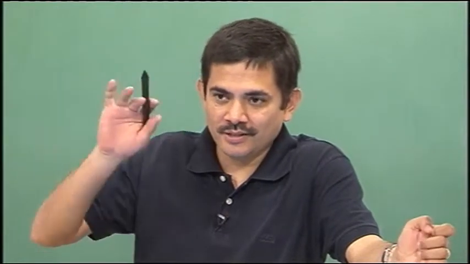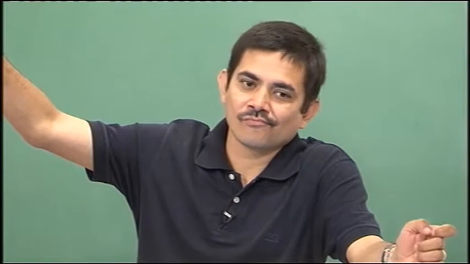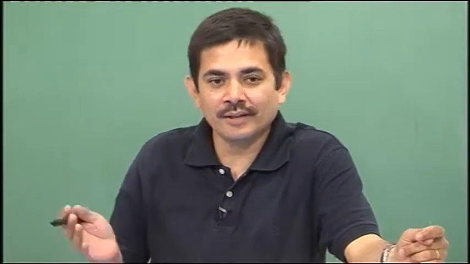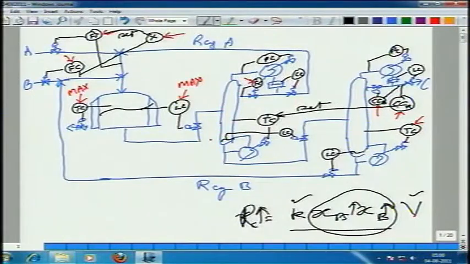Whatever C is generated, it is not getting recycled, it is essentially being taken out as product, right. So, C never accumulates. If anything accumulates, it is A and B. C never accumulates, that C is taken out. Yes or no? Okay, so there is no question of C finally rising, because you are taking it out.